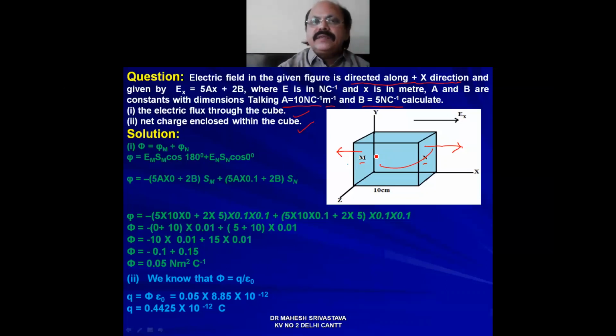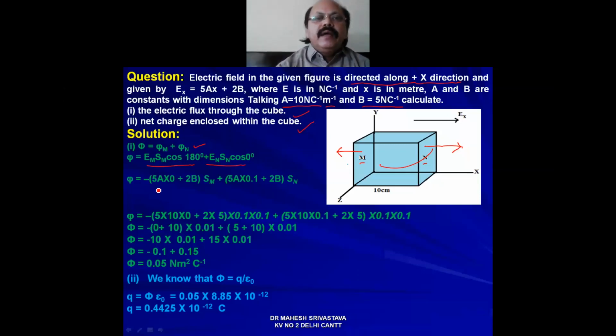So for the first part, phi is equal to phi M plus phi N. Then you apply the formula phi is equal to Es cos theta. So for the M surface, Em Sm cos 180 degrees plus for the N surface, En Sn cos 0 degrees. Substitute the value of the electric field which is given, Ex equal to 5Ax plus 2B.